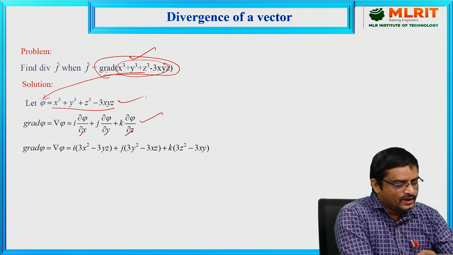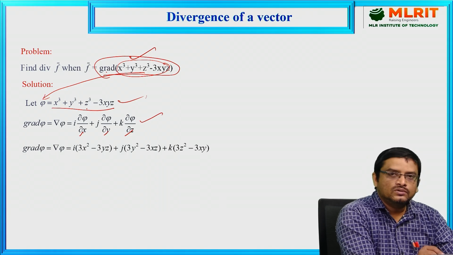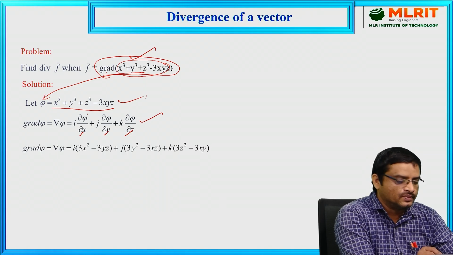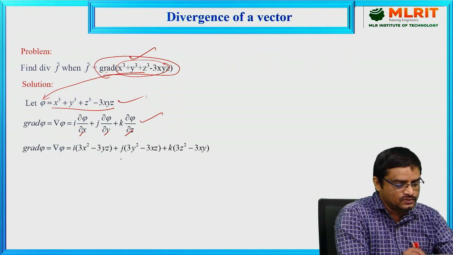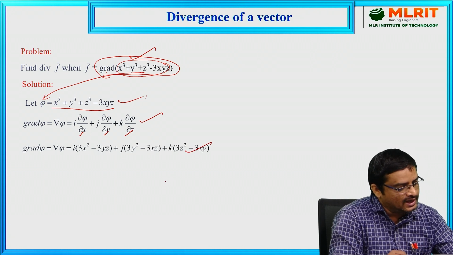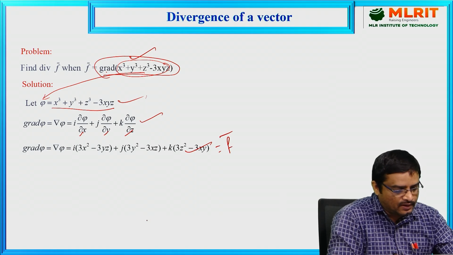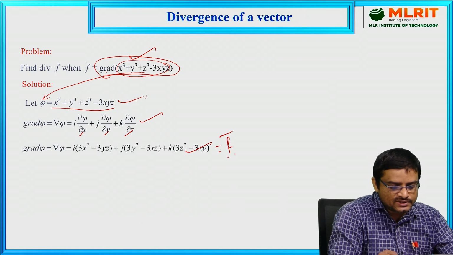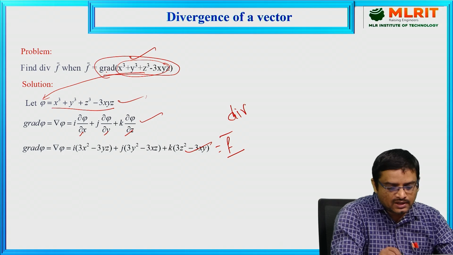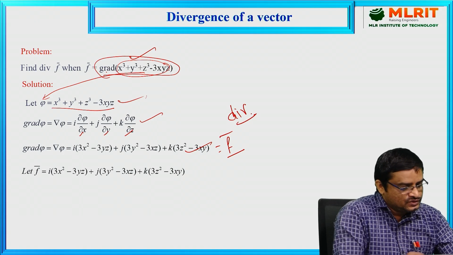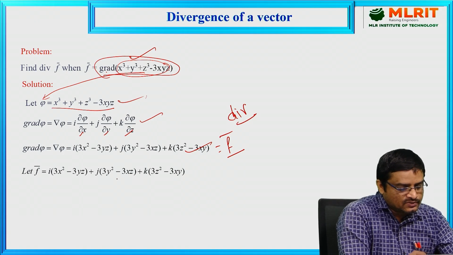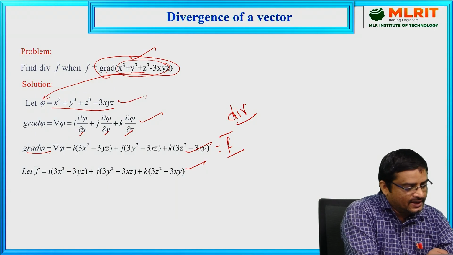So gradient pi is equal to, I already discussed how to find the partial derivatives with respect to x, y, z. So this is our del pi value here. Now you consider this del pi as f bar, and for this f bar we have to find the divergence. So let f bar be equal to this value we got for gradient pi.